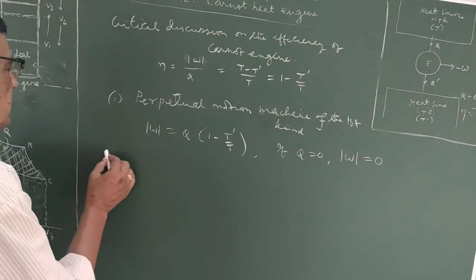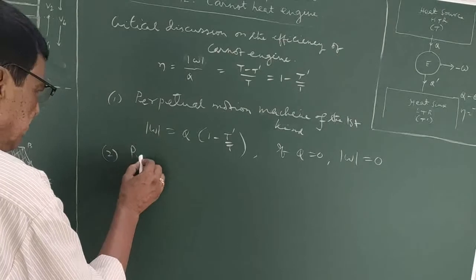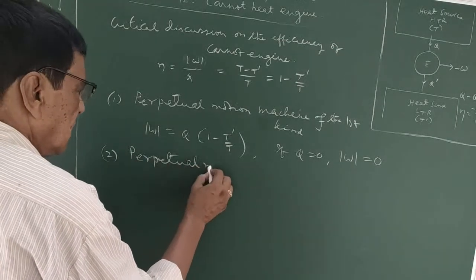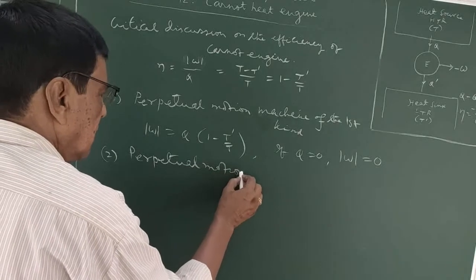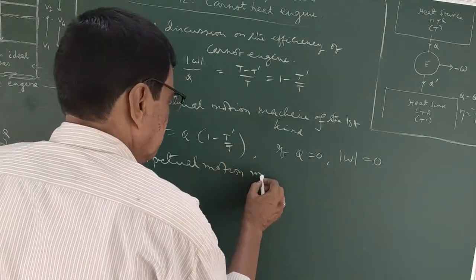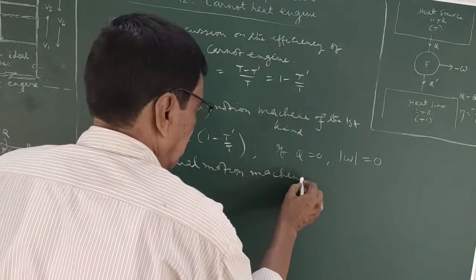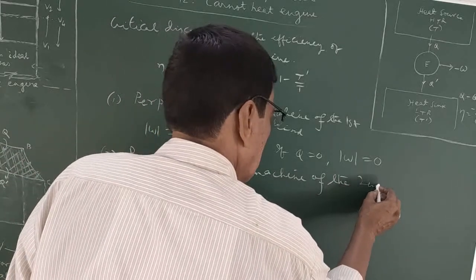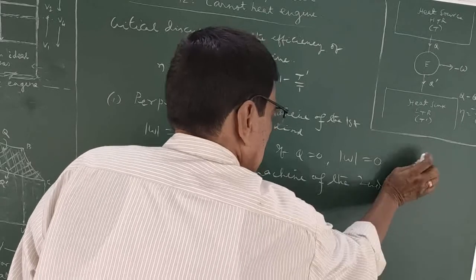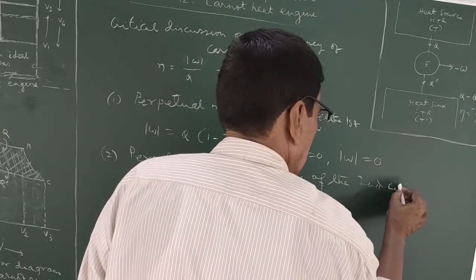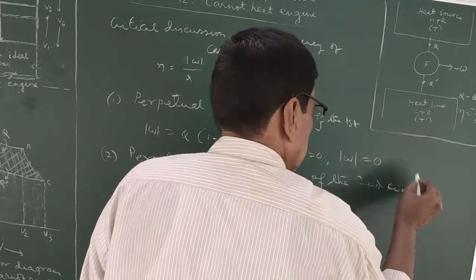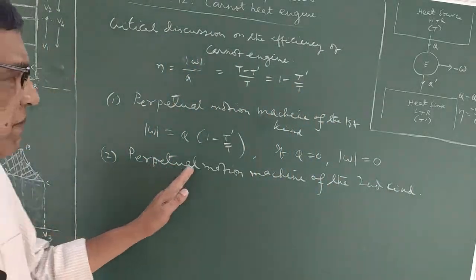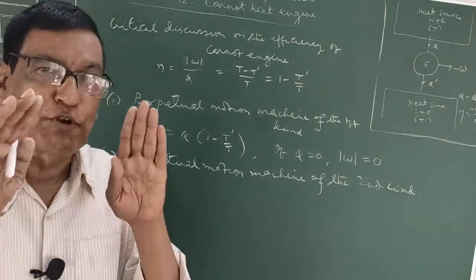And the second one: perpetual motion machine of the second kind. Let us consider whether this type of machine is possible or not.